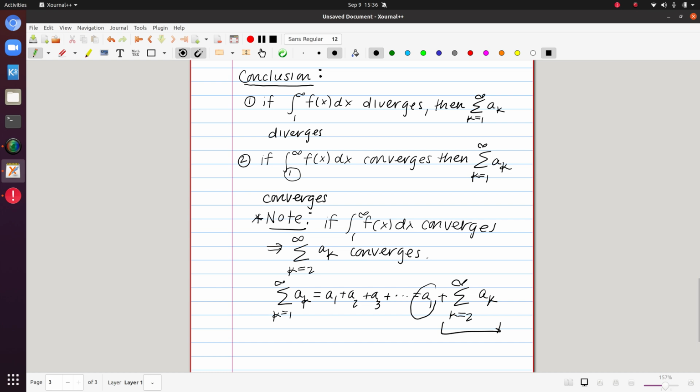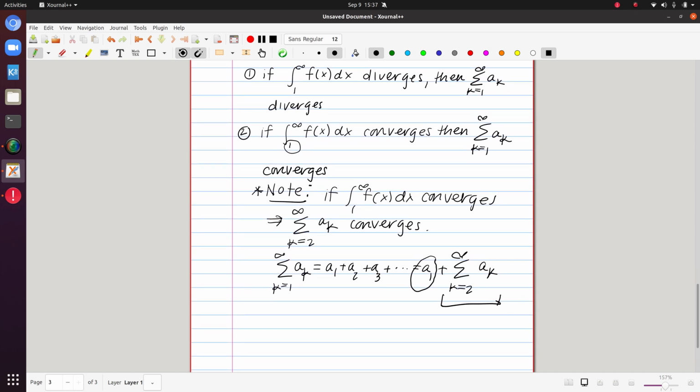And that leaves this extra term a sub 1. But in all of our series, the terms themselves are finite. It's just the question of whether or not when we add all of them together, do we still get a finite number? So if I were to siphon off one term or even 10 terms or finitely many of them, that would not affect the convergence of the series. So knowing that the sum from 2 to infinity converges is enough to tell me that the sum from 1 to infinity converges as well.